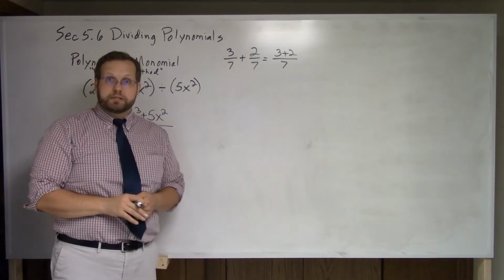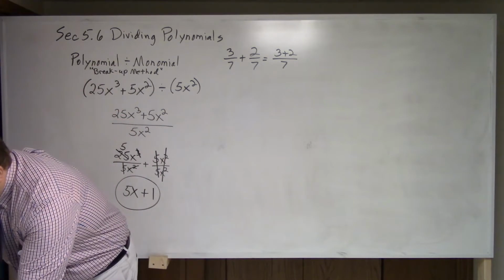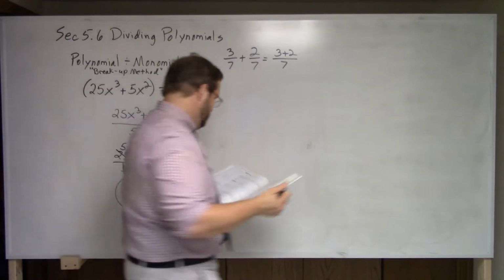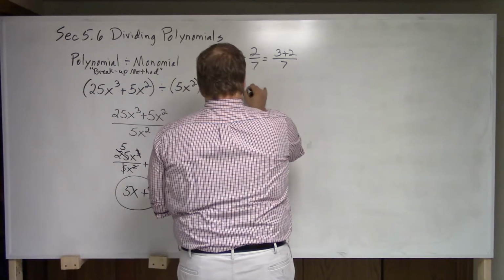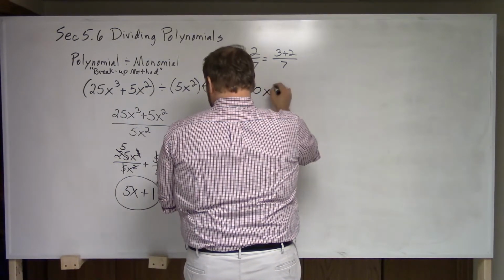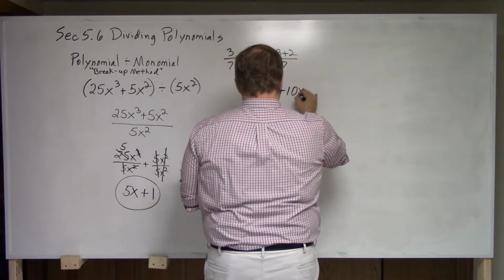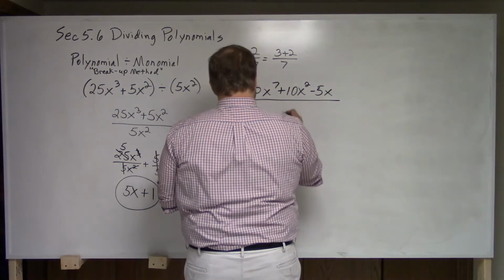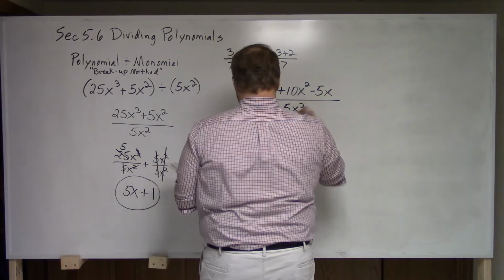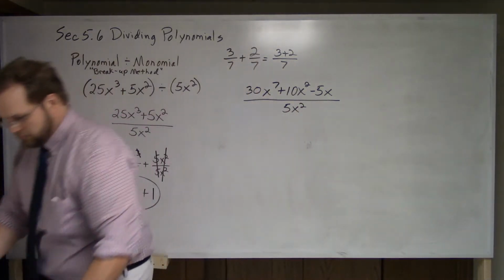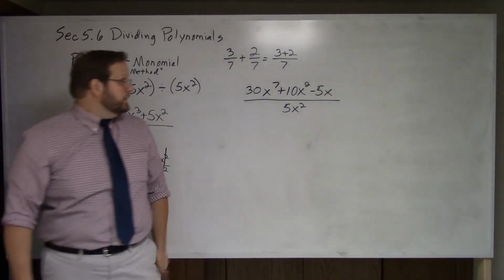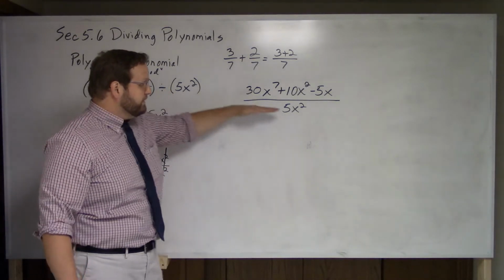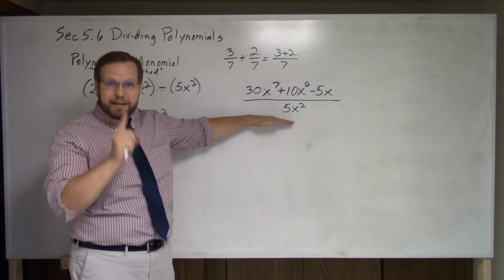Let's look at a couple more examples. We have that. Now again, we have 3 terms divided by a single term, divided by a monomial.